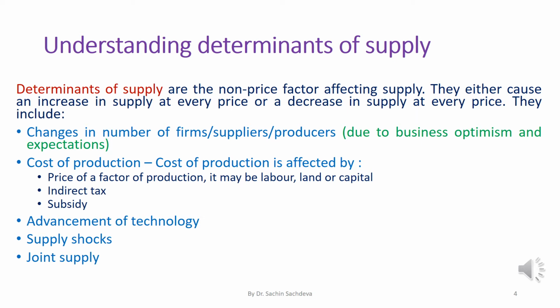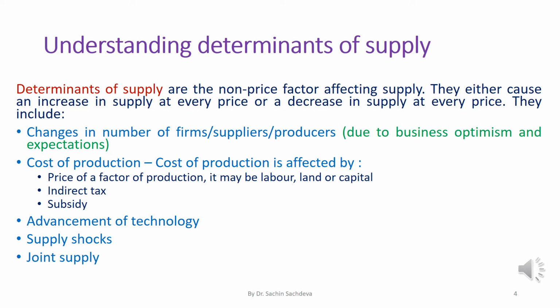And what are those determinants? What are those non-price factors which may affect supply? They include changes in the number of firms, meaning suppliers or producers, due to change in business optimism and expectation. If businesses are very optimistic about the growth of a particular product's market, hopeful that customers will prefer this product, more firms would like to enter the market.